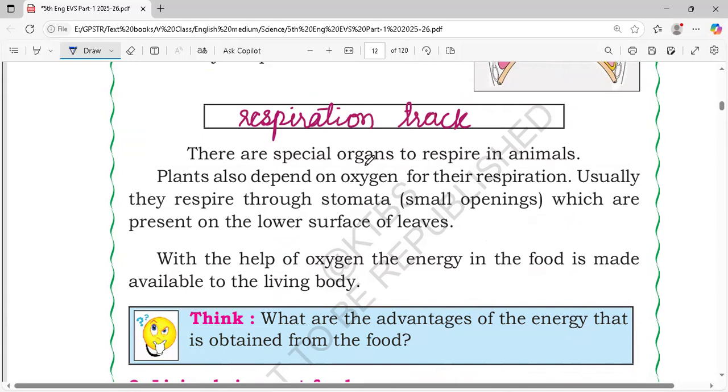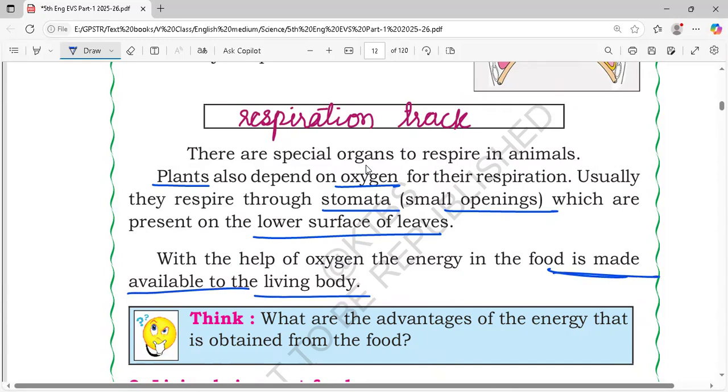There are special organs to respire in animals. Plants also depend on oxygen for their respiration. Usually they respire through stomata, small openings present on the lower surface of leaves. With the help of oxygen, the energy in the food is made available to the living body.